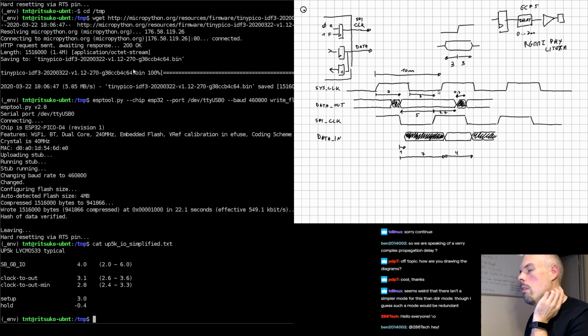Obviously, if we sample on the rising edge of our input flip-flop here, we're just going to sample garbage, right? The setup window is 4 nanoseconds that way. Well, no, sorry, 3 nanoseconds that way. So if we use this edge, that has absolutely no chance whatsoever of working. So we can just forget about that edge. So let's try sampling on the falling edge of our FPGA clock, which is this edge.